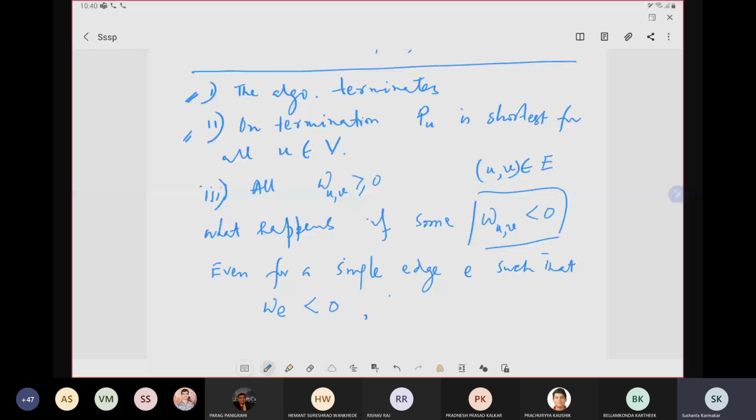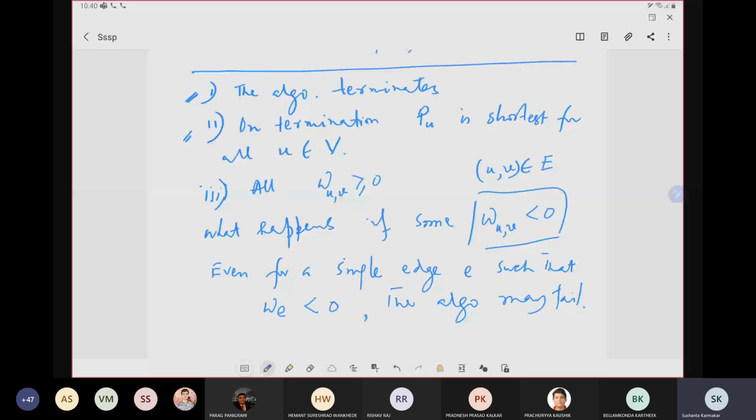So what do you mean by the algorithm may fail? The algorithm will terminate, but it will fail to generate the shortest path. You can actually explore a counterexample.